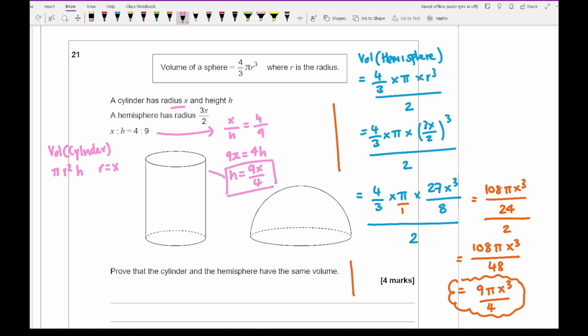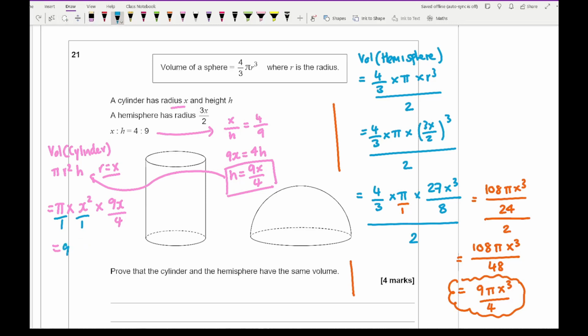So then if I substitute that into the formula for a cylinder, what I get is pi times the radius, which is x squared, multiplied by h, which is 9x over 4. And if I simplify all of this by writing it as a fraction, I should put 9 pi, although it doesn't really matter.